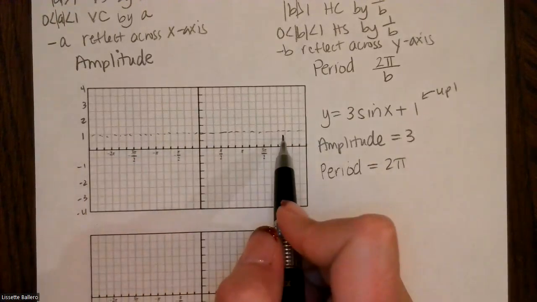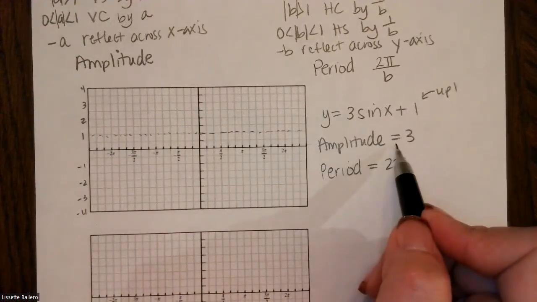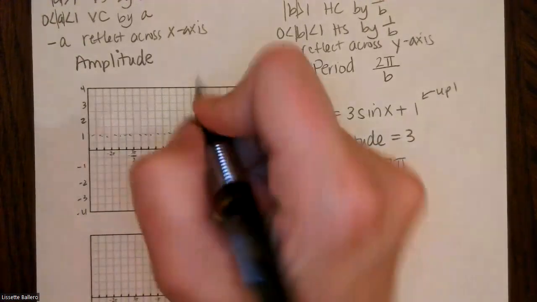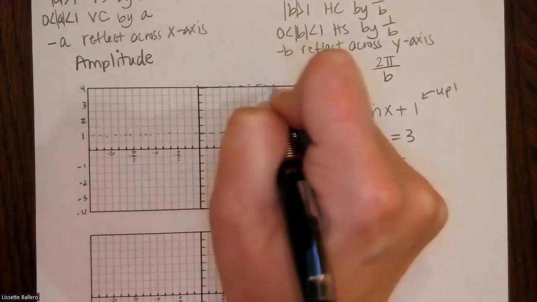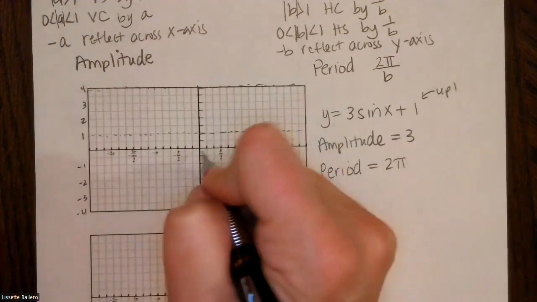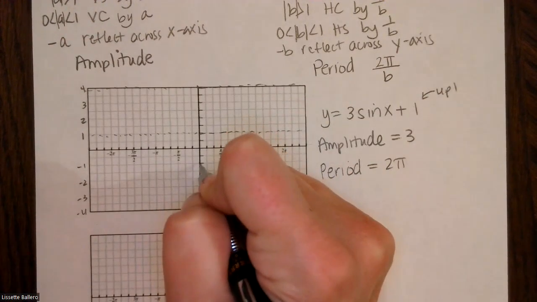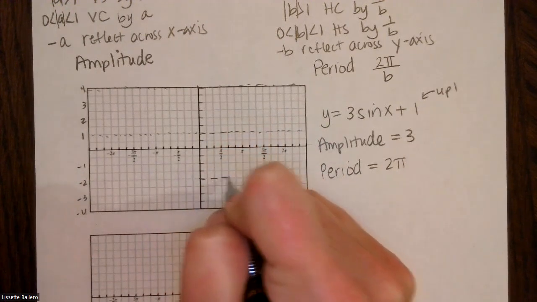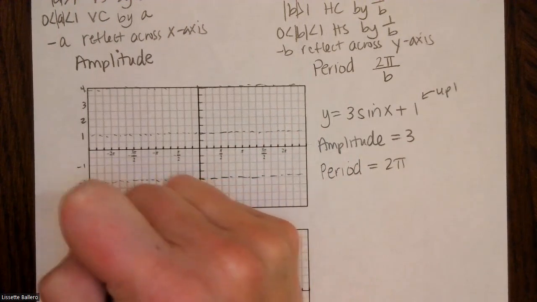I just did a broken line there at the 1 for this going up 1. My amplitude is 3, so I know from the center I'm going to go up 1, 2, 3, and so I'll have another dotted line there at the top. And then I'm going to go down 1, 2, 3, and I will have my bottom line here.